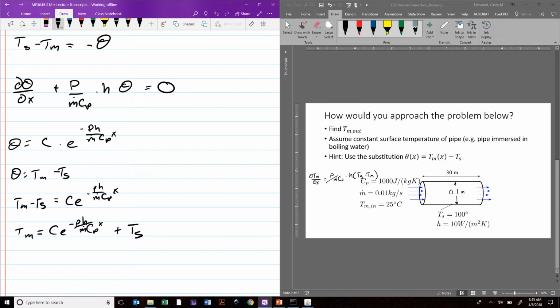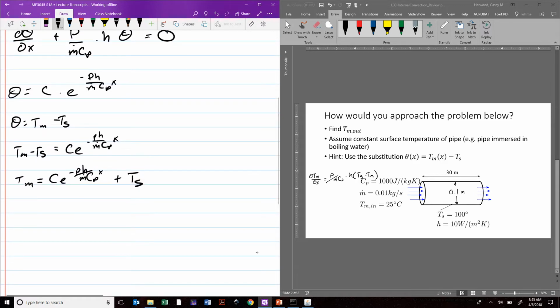So at the inlet condition, where x equals 0, we have that Tm is equal to T in, or 25 degrees Celsius.